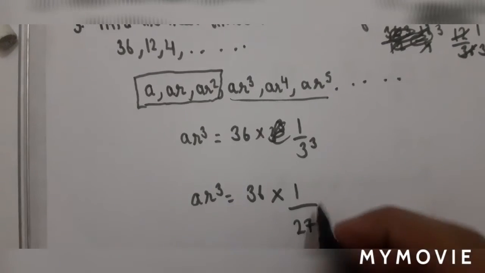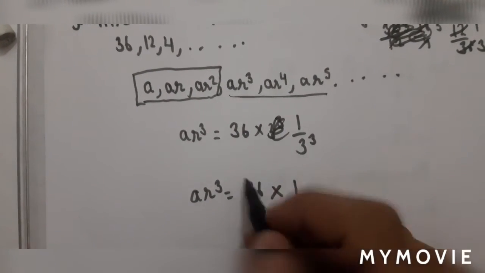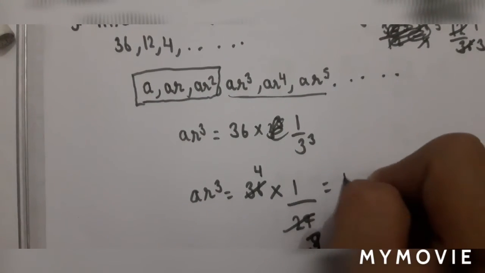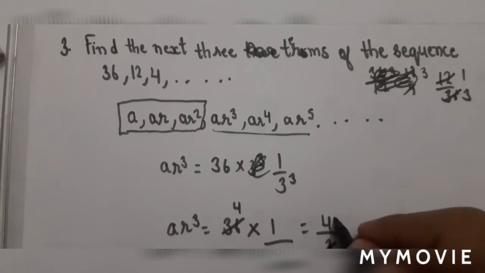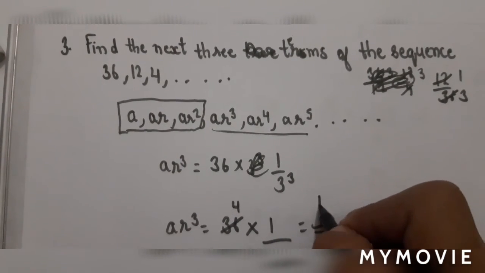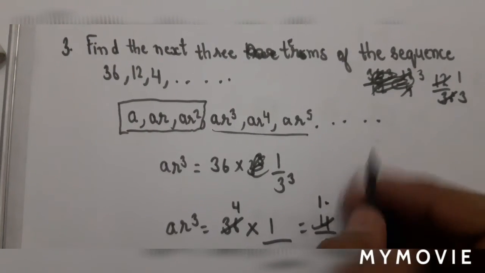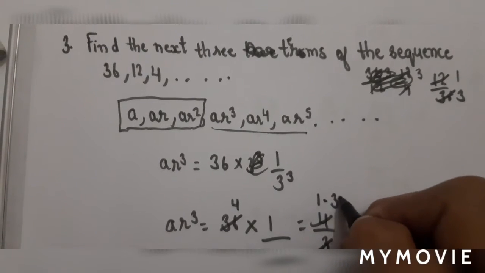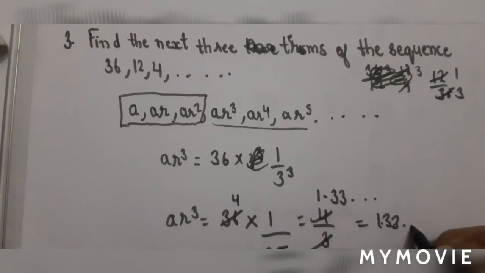If you cancel it, 9 threes are 27, 9 fours are 36, so you will get 4 by 3, which is 1.33 and so on.